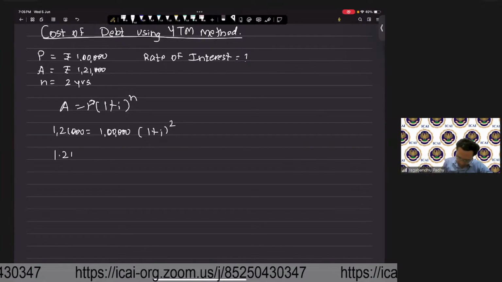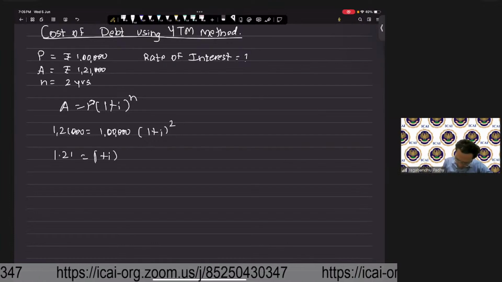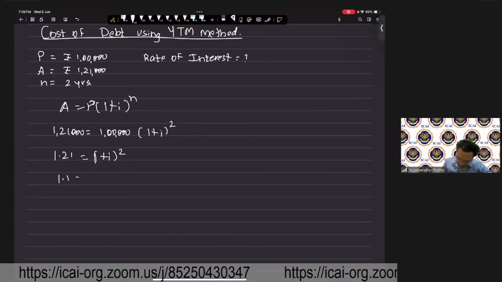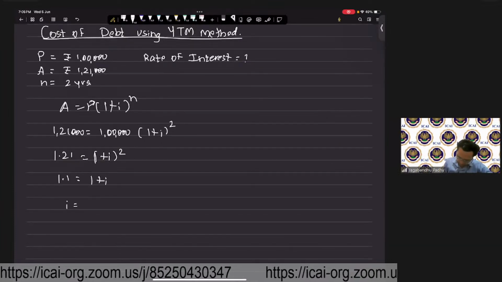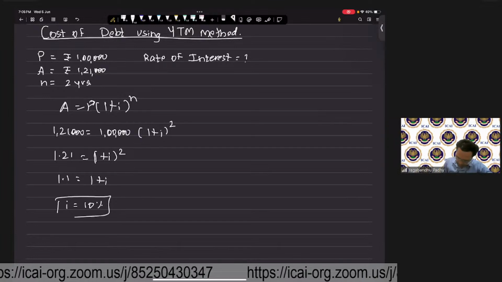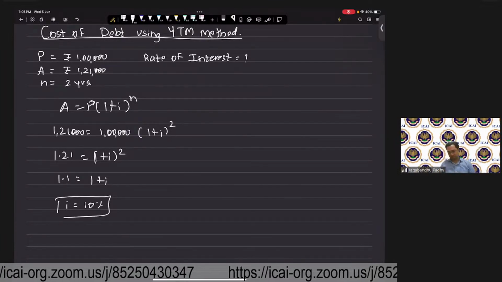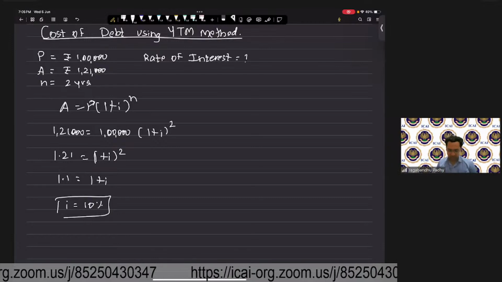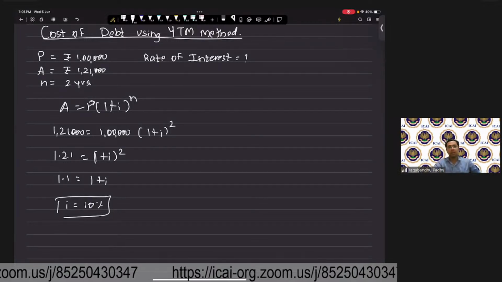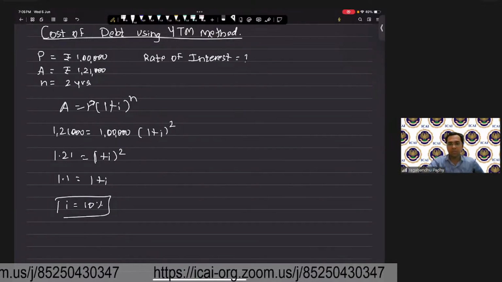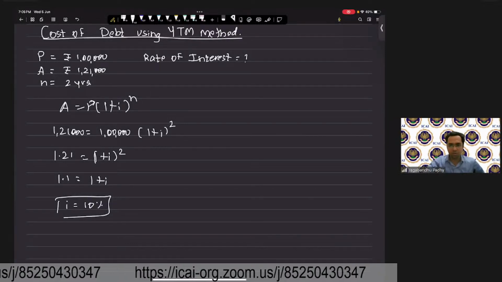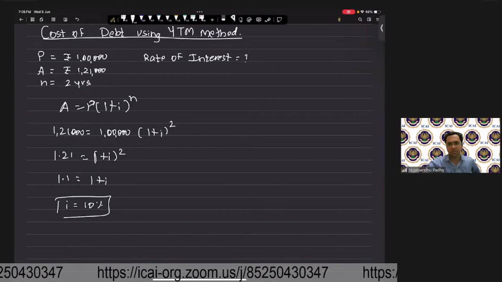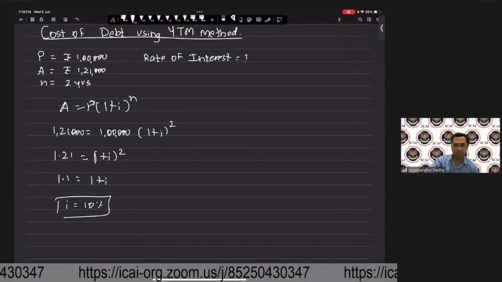So 1.21 equals (1 plus I) raised to 2. Taking square roots on both sides, 1.1 equals 1 plus I, and I is basically 10%, correct? That's how you compute the rate of interest. Are we all good with this calculation? I'm pretty sure you're aware of how these calculations are done, because that's a very primitive way of solving it.